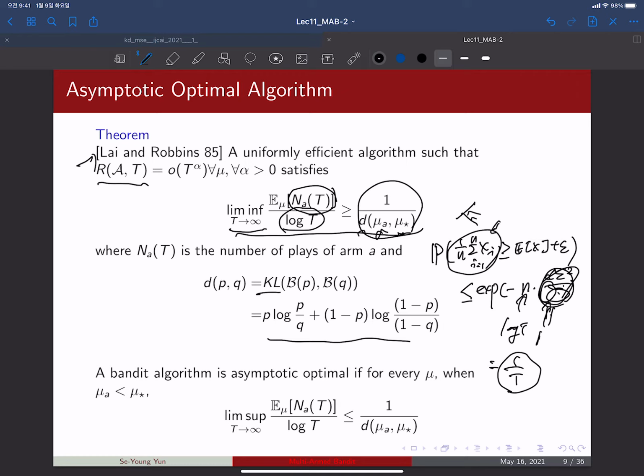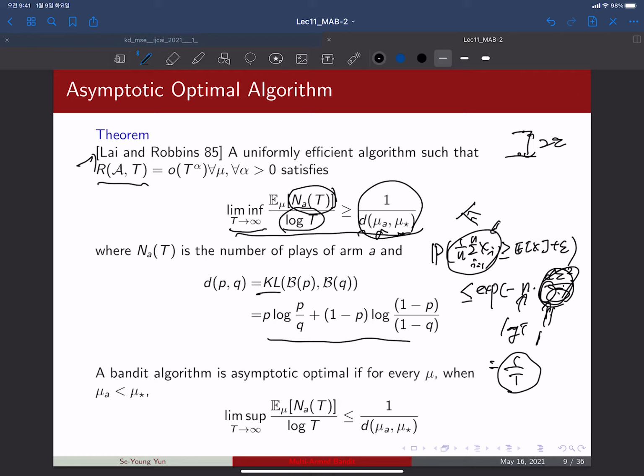If this plus minus epsilon is enough to discriminate which arm is better compared to the others, so let's assume all the arms have expected reward difference at least 2 epsilon. Epsilon difference is enough. So with probability 1 minus 1 over capital T, we can find the best arm accurately. No mistake. But with probability 1 over capital T, we have a mistake.